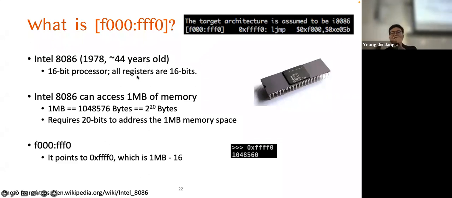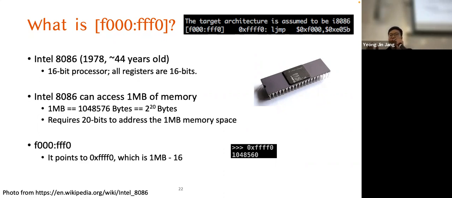But suppose you are addressing memory with byte granularity, how many choices can we have with 16 bits? That's 2 to the 16, so 65536, around 64 kilobytes.